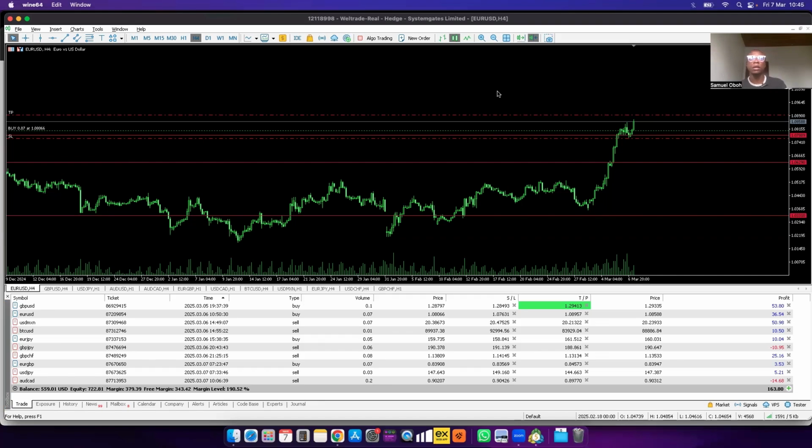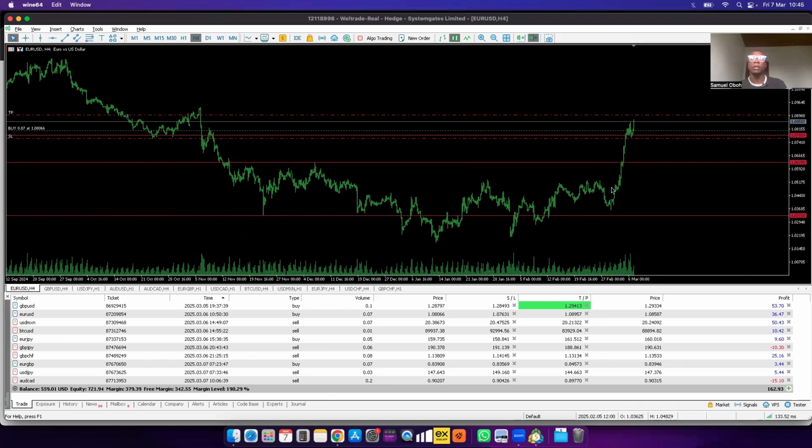So let me use this as an example. This Euro USD had been running up for some time. It's been an uptrend. And why would it not turn back here? I mean, there is some resistance here, right? Why would it not turn back?